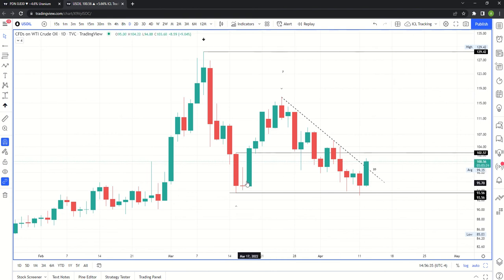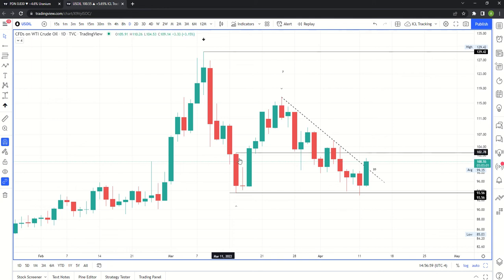And so once we crossed above 102.57 on this candle here, this low became a swing low, meaning it is the lowest point of any candle that preceded it or succeeded it, right? All of these candles are higher than this one, and all of these candles are higher than this one.